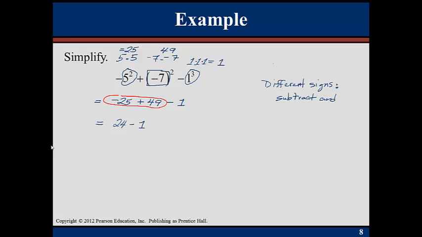And of course we can finish that by saying it is 23. Great.